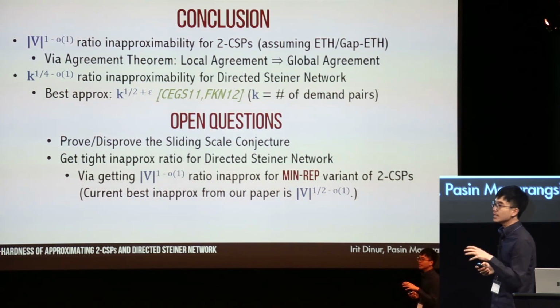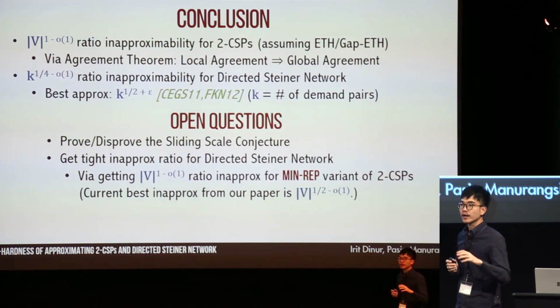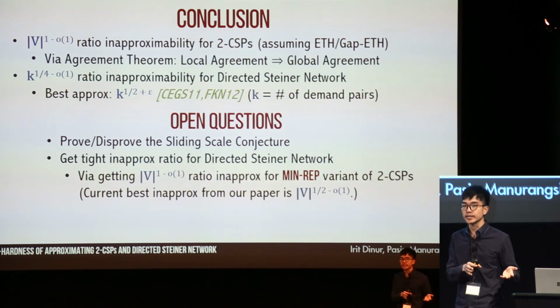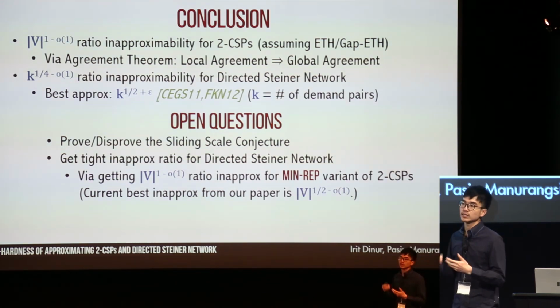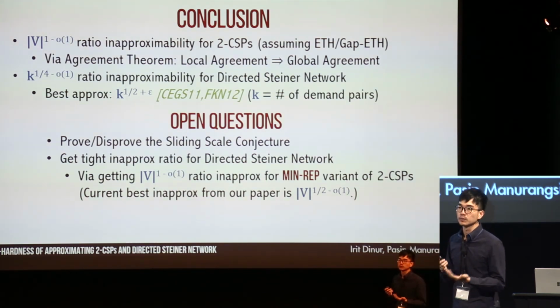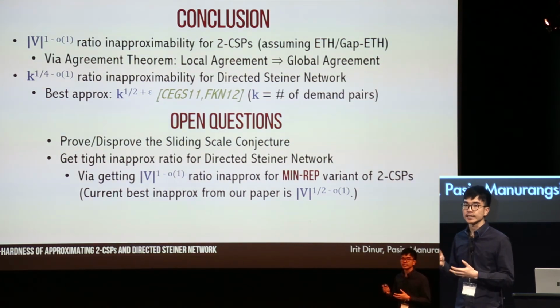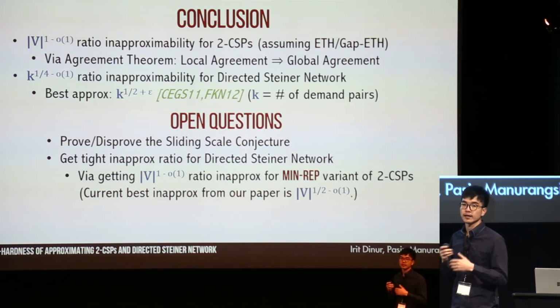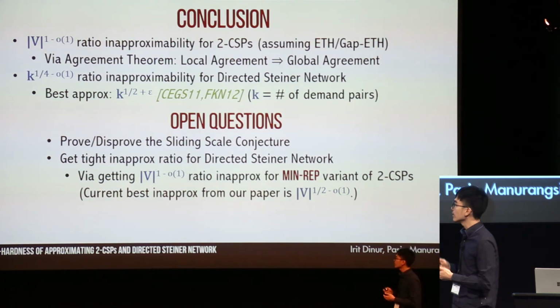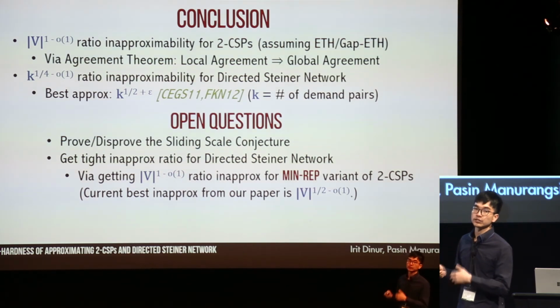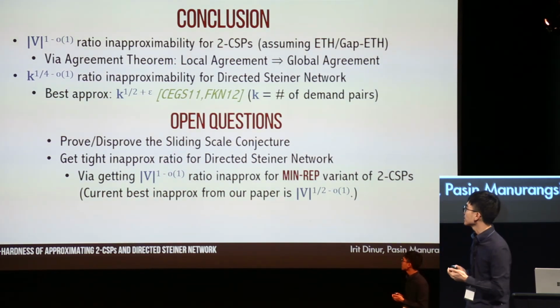The reason we get this 1/4 is that there is one step in our proof that leads to a loss of a square factor, where we go from the maximization version of 2CSP, which is what we have talked about today, to the minimization version. In this step, it seems like the square root loss is not necessary, but we just don't have the tools to analyze the minimization version yet. So it's totally possible that some arguments can give a tight ratio there, which would also give a tight result for directed Steiner network.